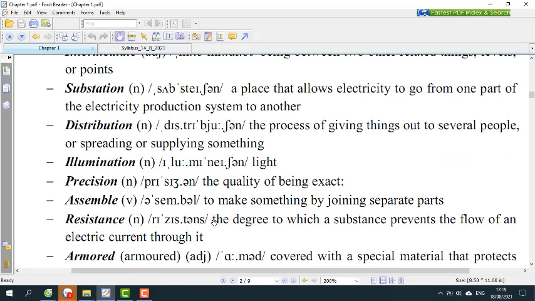Illumination: the light. Precision: the quality of being exact. Assemble: to make something by joining separate parts.